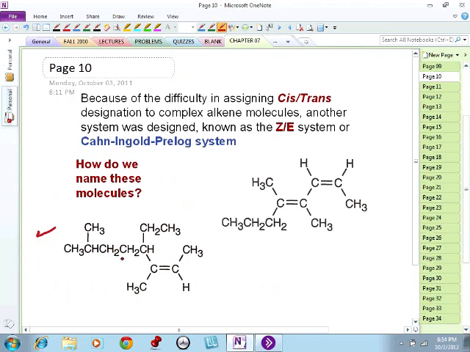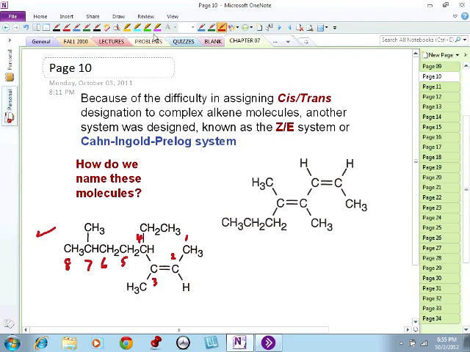Okay, can you name this? Okay, what is the longest carbon chain? Where do you want to start numbering? 1, 2, 3, 4, 5, 6, 7, and 8. That is octane, right?